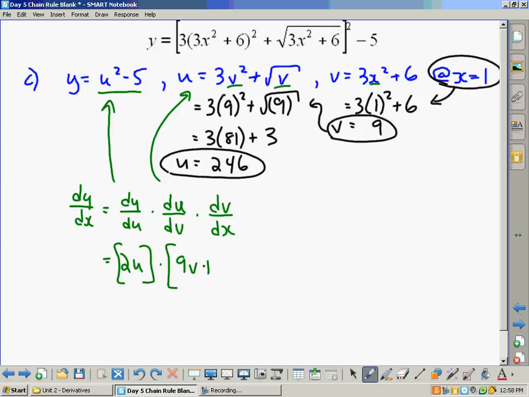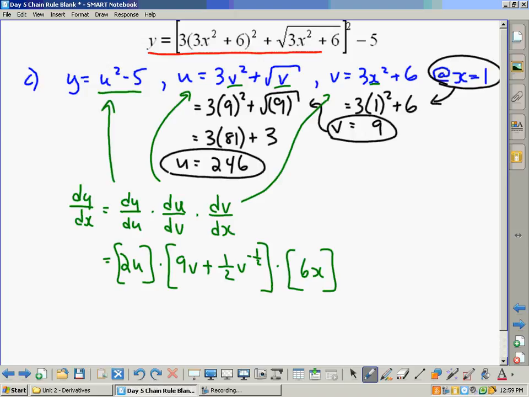Plus, remember root v is the same as v to the 1/2. So I'll bring the 1/2 down and subtract 1 from the exponent, and I'll get this. And then finally, dv by dx is the derivative of that guy, which is just 6x. So again, you can see how this is much more manageable than if we were trying to differentiate the whole thing in one step.